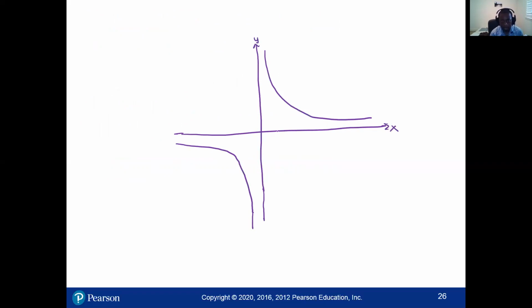This point, let's say 1, this is 1, and then you have a 2. Let's put a 2 here. It's going to give me half of that. So this is 1 over that. So we have this point.